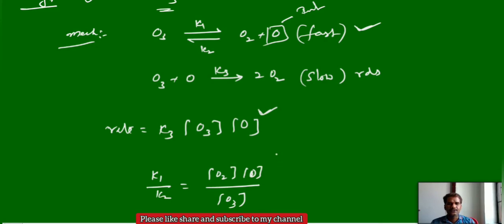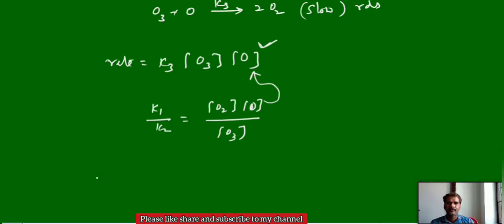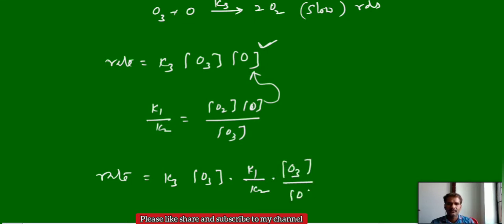Now you substitute this nascent oxygen concentration value here. Then the rate will change like this: K3 into O3, and in place of nascent oxygen we write this, so you get K1 by K2 into O3 by O2. This is the nascent oxygen value.